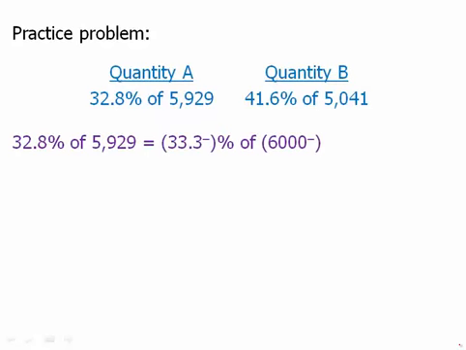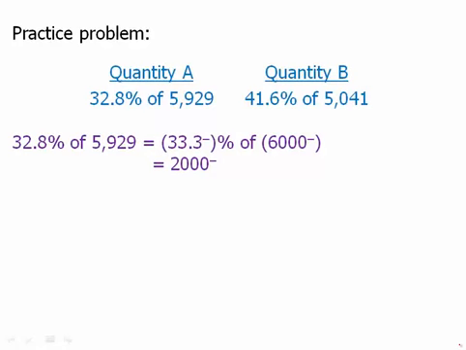So I'm just going to write it like this. Slightly less than 33.33% of slightly less than 6,000. And 33.33% is just a third. So a third of 6,000 would be 2,000. So it means that overall, whatever this answer is going to be, it's going to be something slightly less than 2,000.